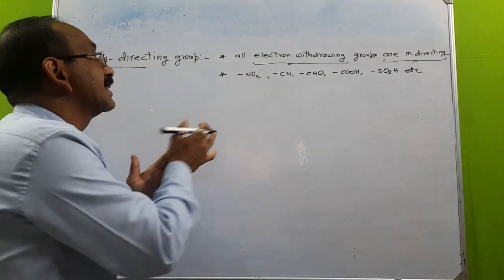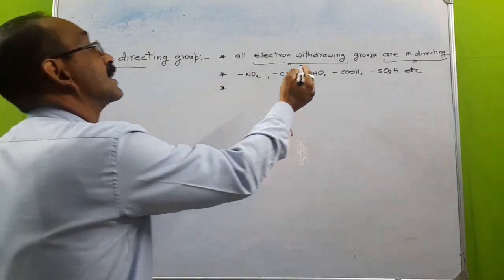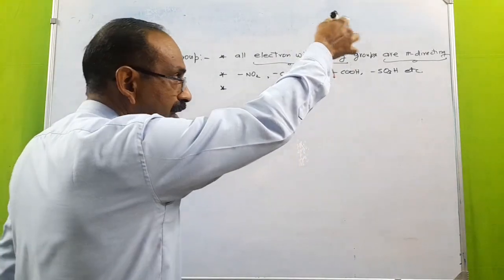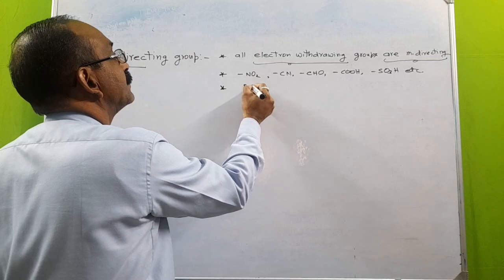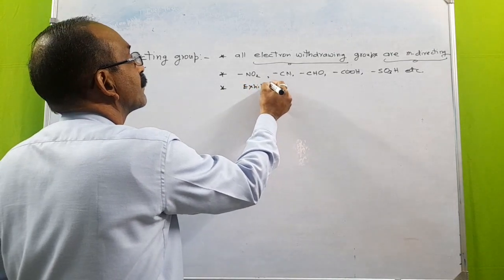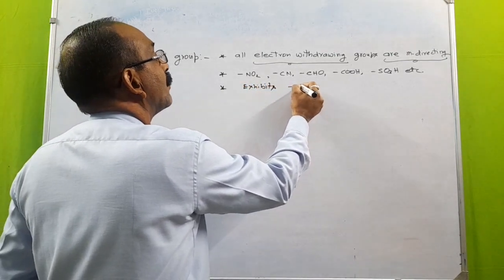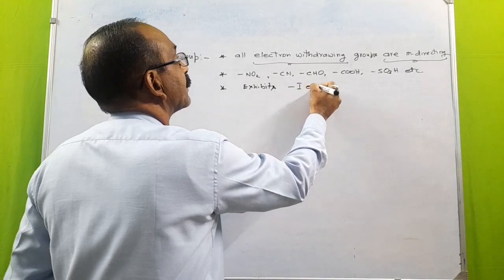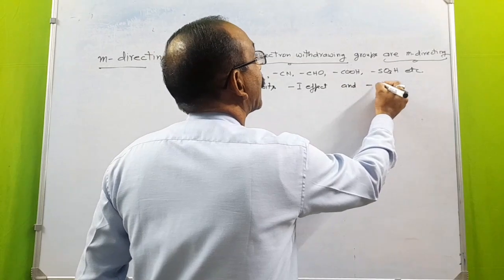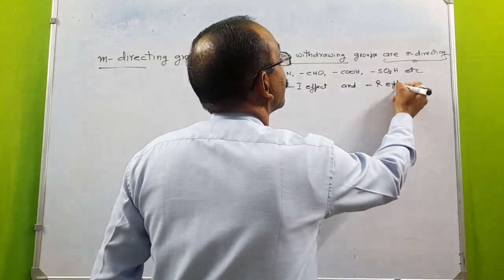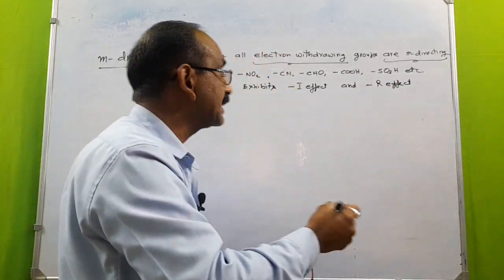What actually happens here? These electron withdrawing groups exhibit minus I effect and minus R effect. So what happens?